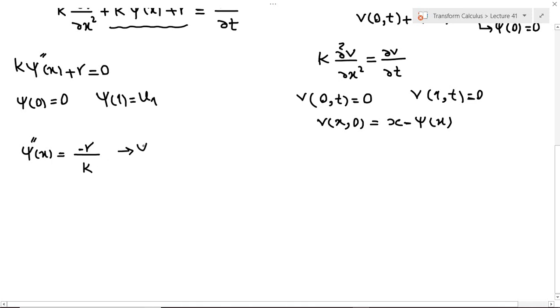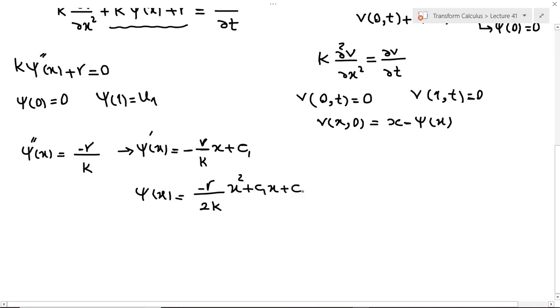So it means that psi prime x is equal to minus r divided by k x plus c1, c1 is the constant, and psi x is equal to minus r divided by 2k x squared plus c1x plus c2. Now we have to find c1 and c2.